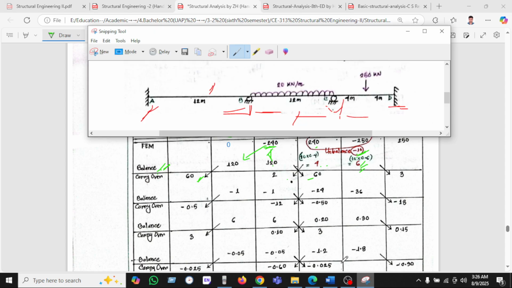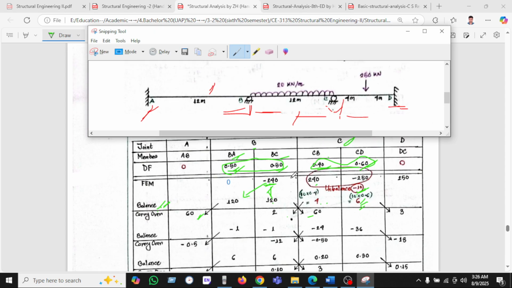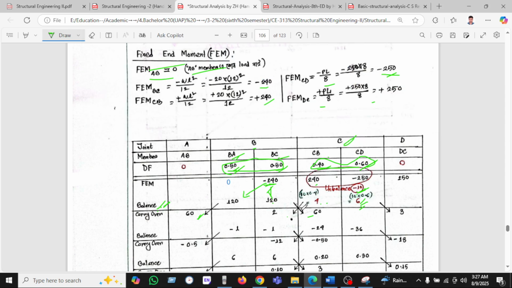What this means is, if I open this diagram, we see our member BA, that means this is the BA member, B to A is going here, and AB is A to B. So BA is going to the fixed support, which is half. In the same way, we have BA and BC. This is BC, going B to C, which is 120 to 60.